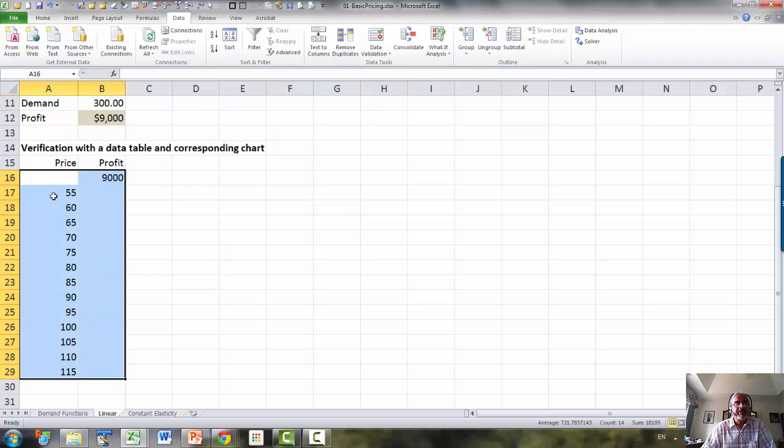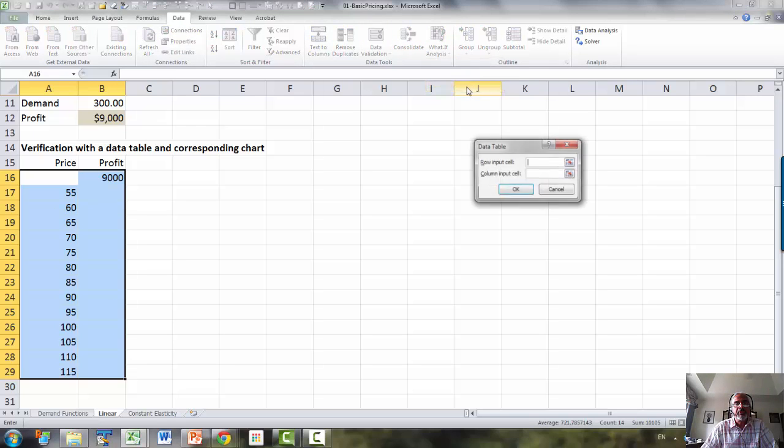So highlight this whole area, and you go to data table, and column is the input, and you want these prices to go into the price cell.